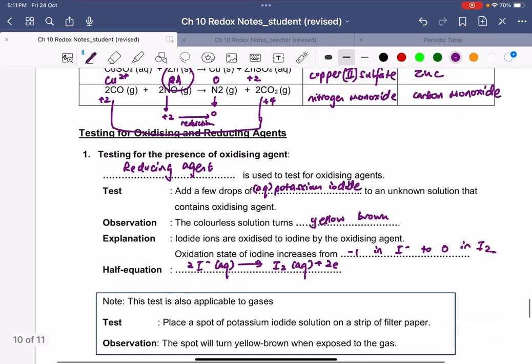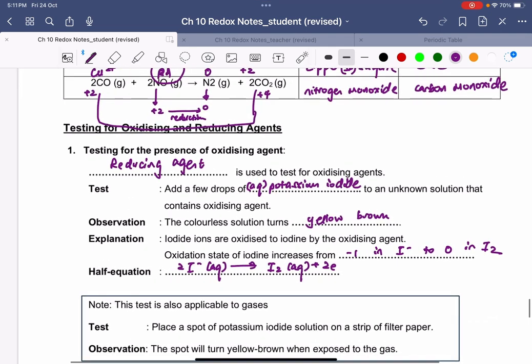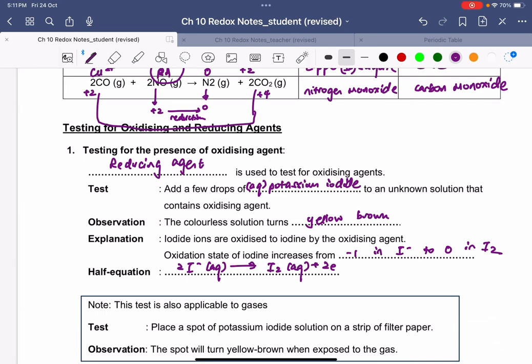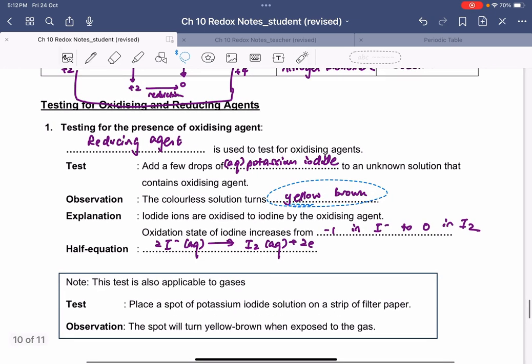The last segment for today's session will be testing the presence of oxidizing agent and reducing agent. If I want to test for any oxidizing agent, I can use a reducing agent. The observation will be colorless solution turns yellowish brown. The explanation is when they are oxidized by the oxidizing agent.